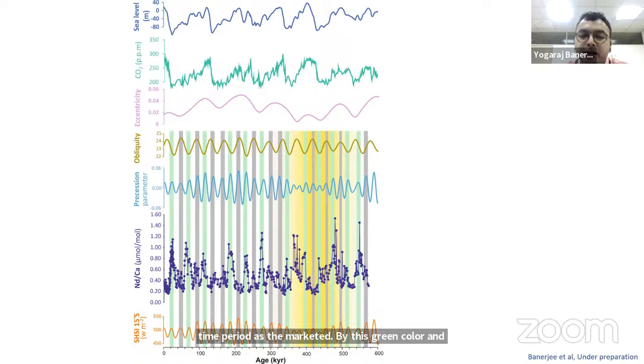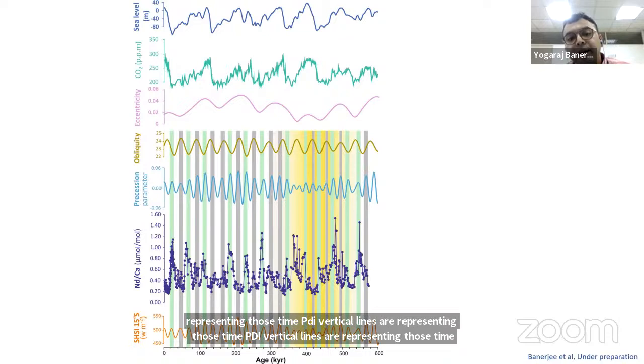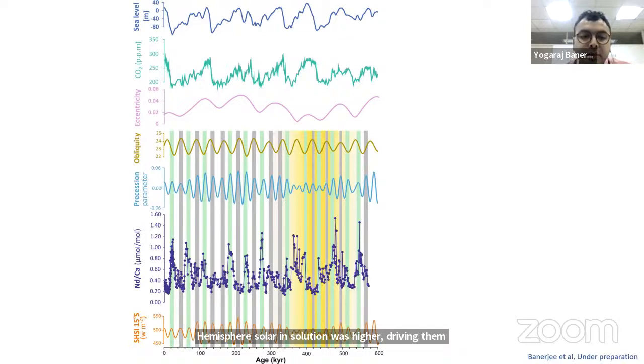As I explained before, green color vertical lines are representing those time periods when the southern hemisphere solar insolation was higher, driving a high amount of precipitation, and the gray bars are representing those time periods when the southern hemisphere solar insolation was higher, but the precipitation was lower because of the high obliquity that was forcing the ITCZ towards the more southern part.